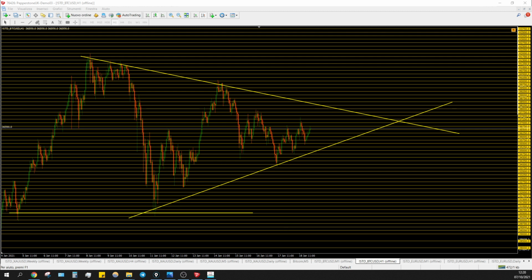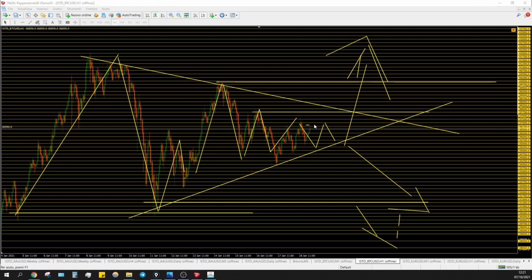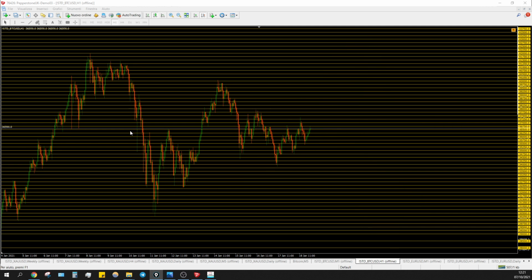As you can see, starting from these lows, every bounce is smaller and smaller, and we can have either upside or downside. Long-term sells below 30K, long-term buys, especially above 40K. But as scalpers, we have to take into consideration these previous ranges, of course.